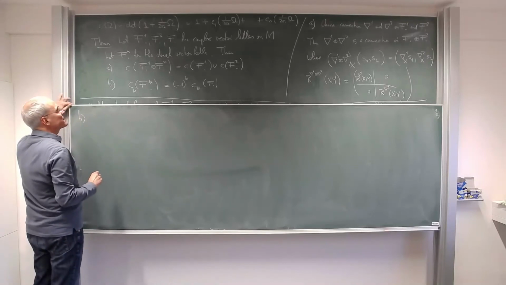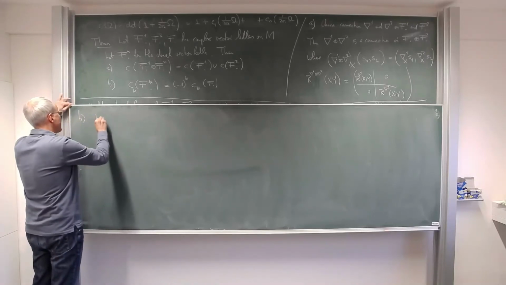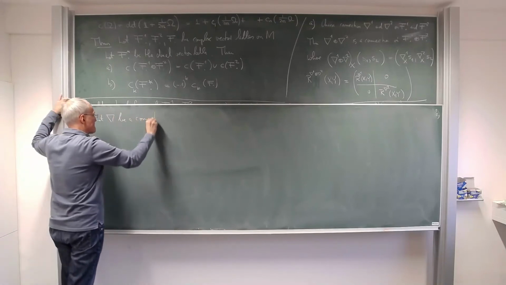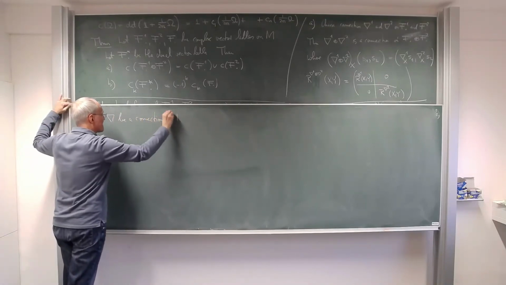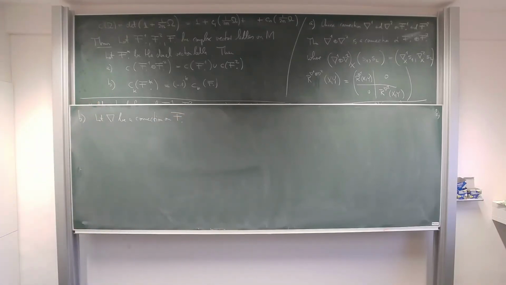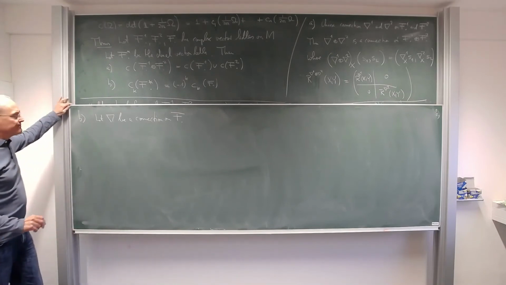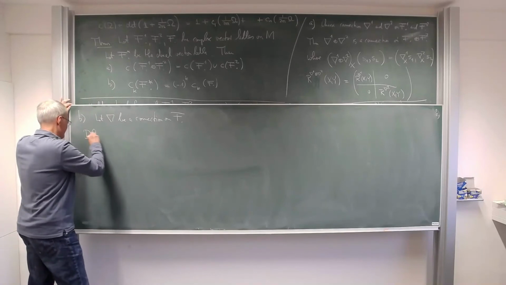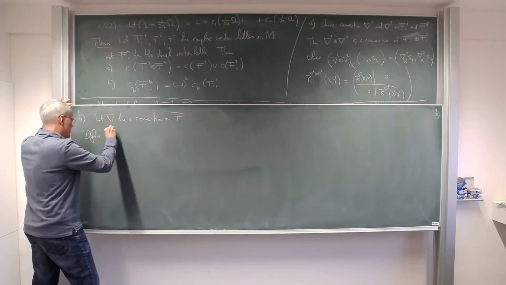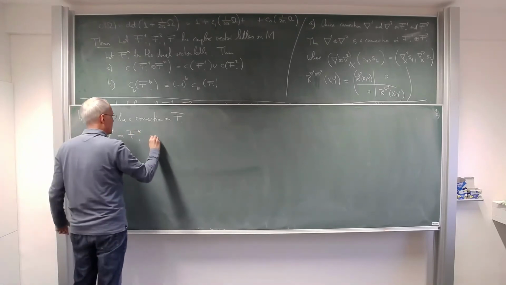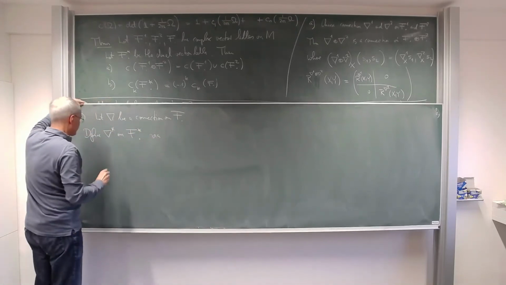So let's start with a connection on F. Now from this, I want to produce a connection on the dual bundle, and there's a canonical way to do that, namely define nabla star on F star. We are following the formula.